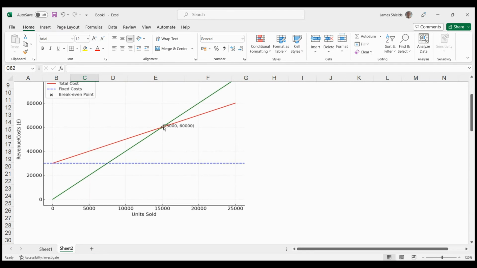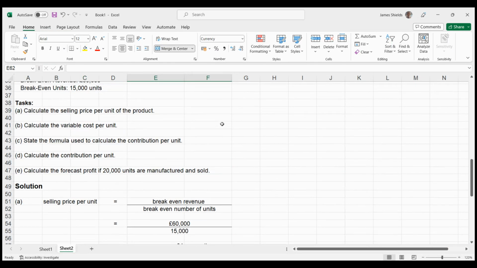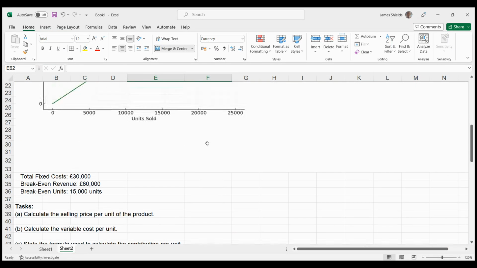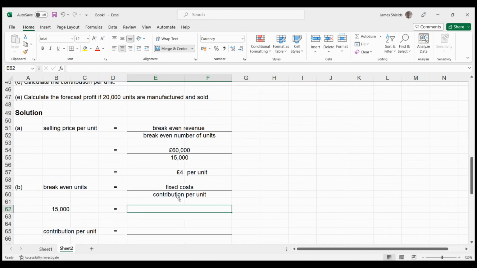It's where the two lines, the costs and revenue, cross at 15,000, dashed down the bottom. And the fixed costs we were told were 30,000. So that's your blue line there, exactly between 20 and 40,000. So that's £30,000 over contribution per unit.